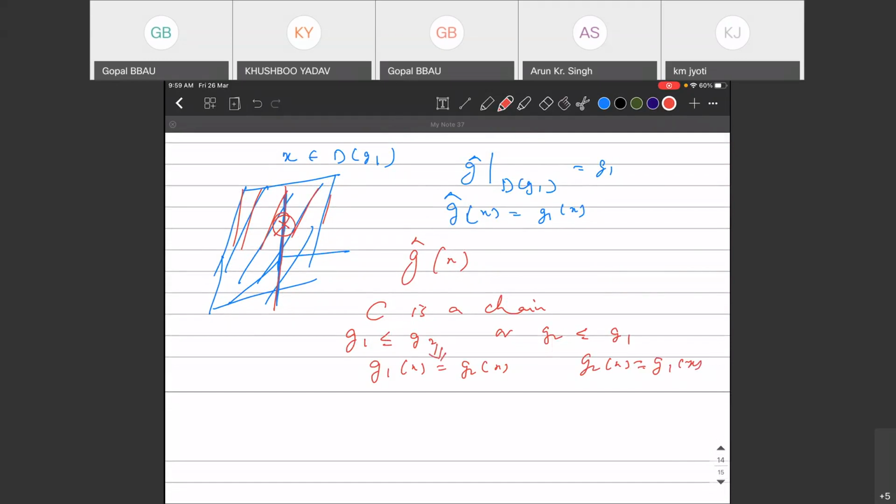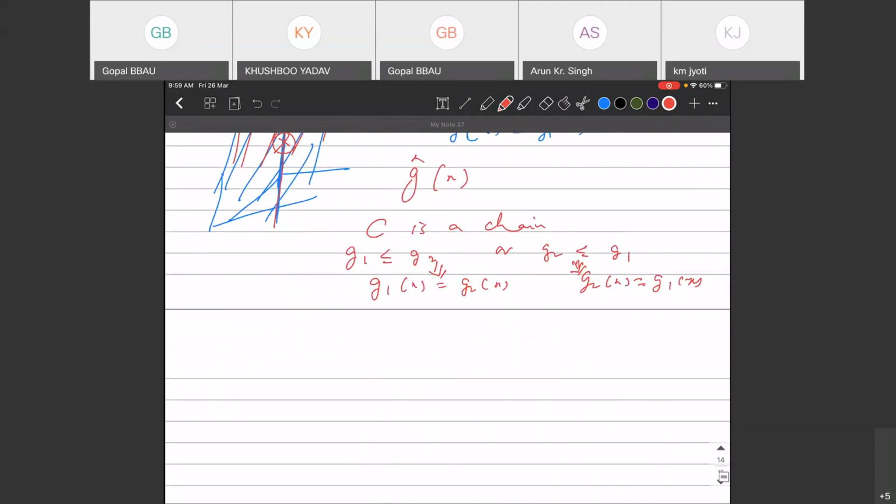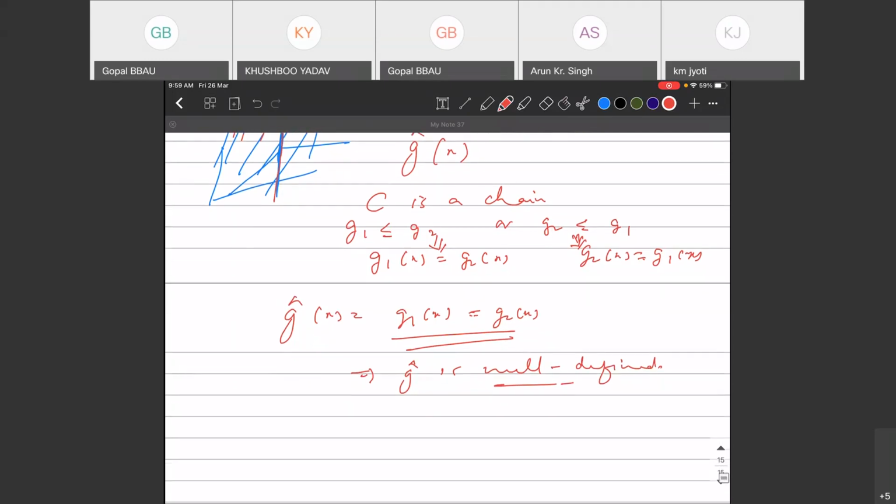Both give the same thing. So G1 x equals G2 x, which means G head x equals G1 x. Whatever you take, they will be the same. This implies G head is well defined, so the image is unique.